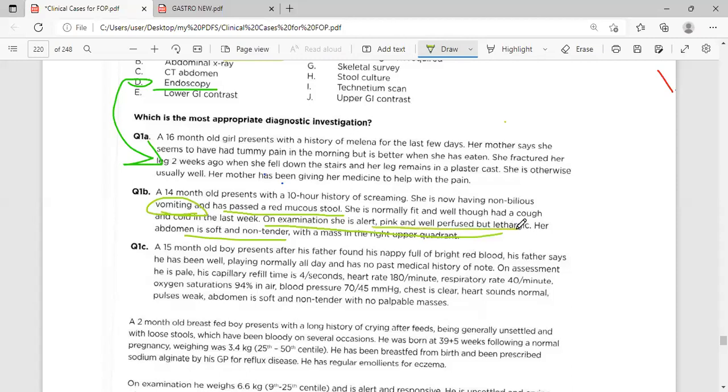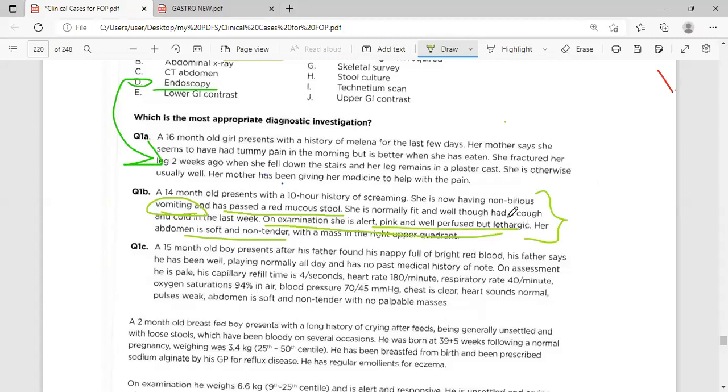So it means it's like an acute, early stage of intussusception. All intussusceptions will not lead to shock. Intussusception can lead to shock, it can lead to enterocolitis, it can lead to a lot of things. Mostly a patient can present with shock, but this is not a case of shock.